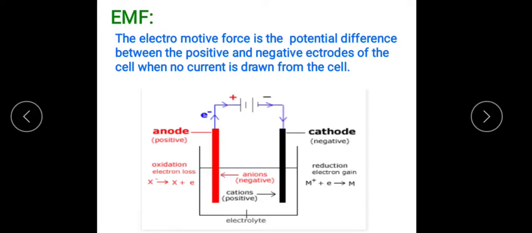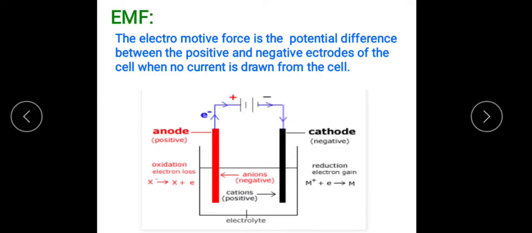Now consider that we connect some resistance R in the circuit. Then a steady current I flows through the circuit, through R, in the direction shown by the arrow mark.